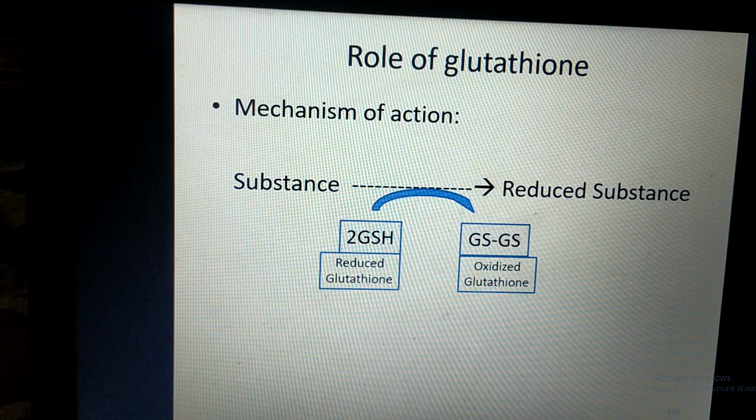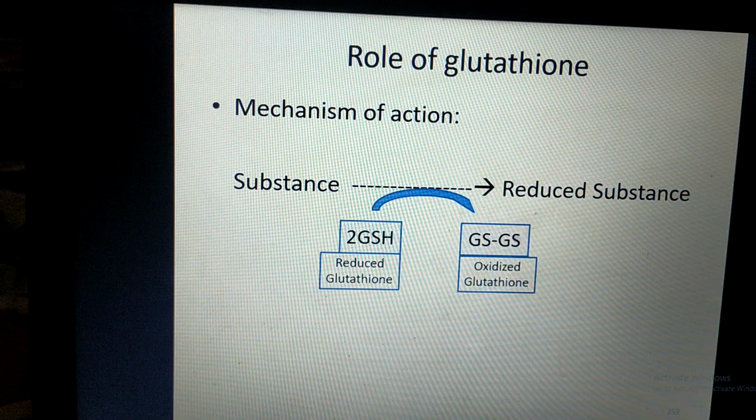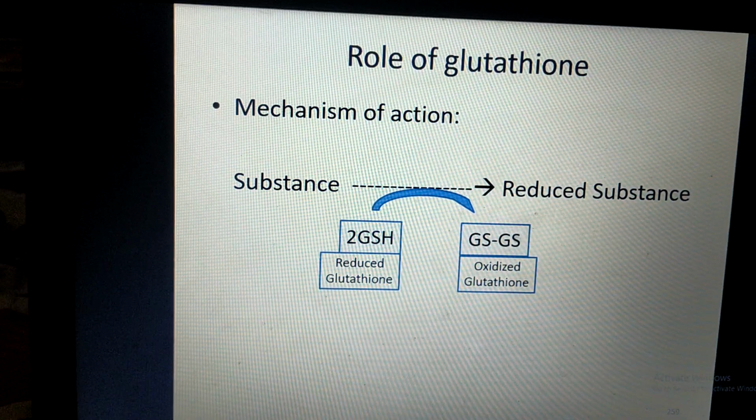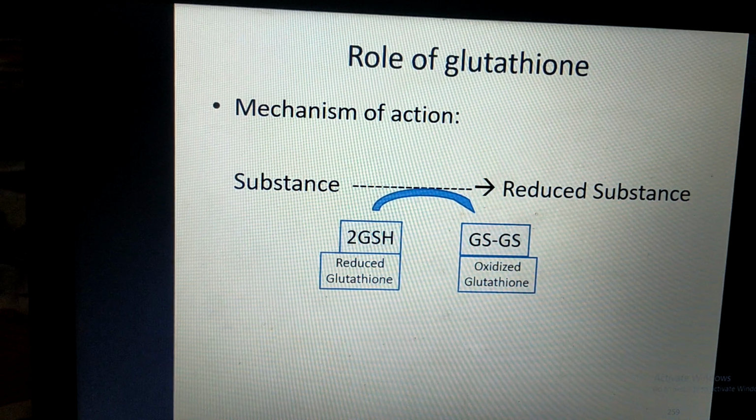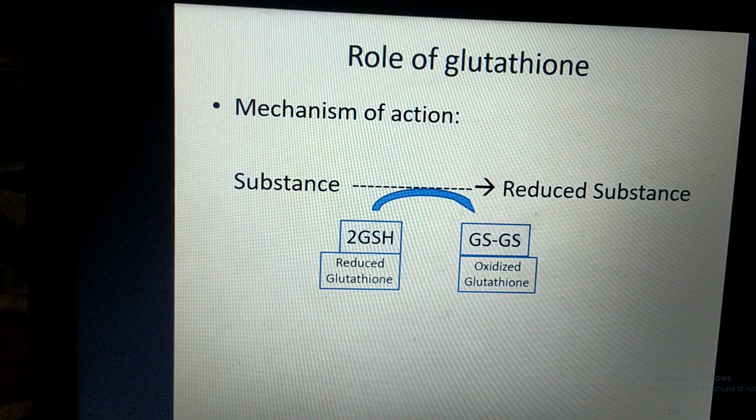When this reduced glutathione donates two hydrogen atoms to the substance, it forms oxidized glutathione, which is represented by GSSG. So the simple role of glutathione is that it acts as a reducing agent. Now we will see the examples and the importance of the reactions where glutathione acts as a reducing agent.